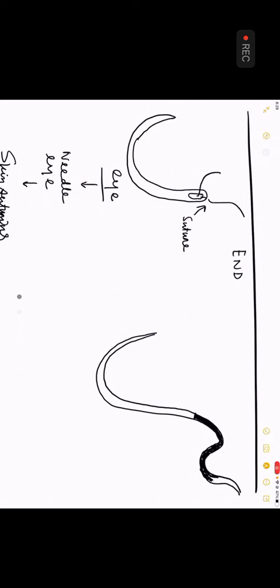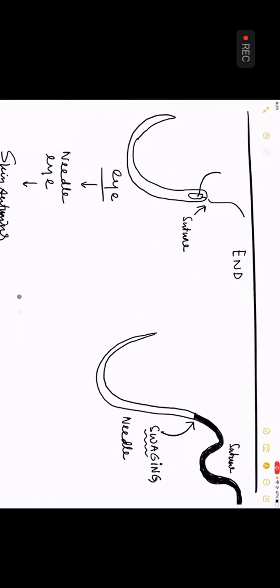Can you see the technology? So definitely, which one will be more costly? You can understand that. The second one. So this kind of suture, in which the needle and the suture are joined together, this technique is called swaging.